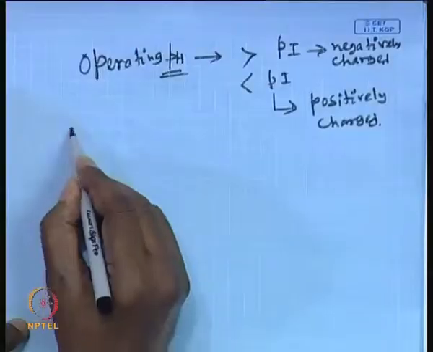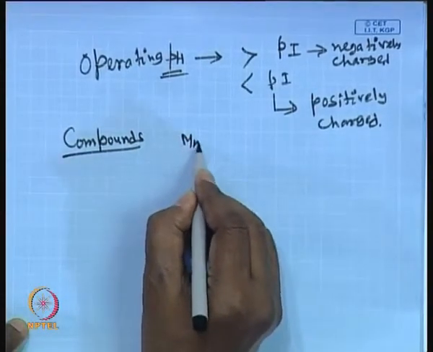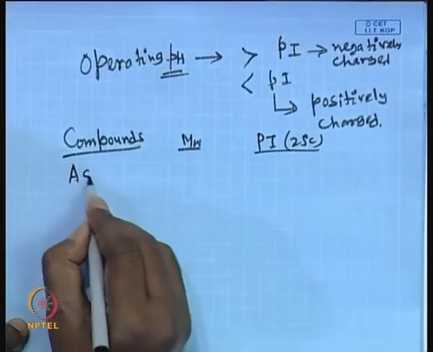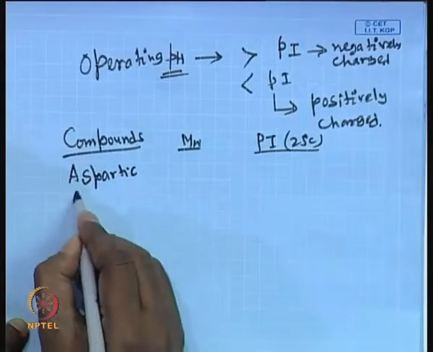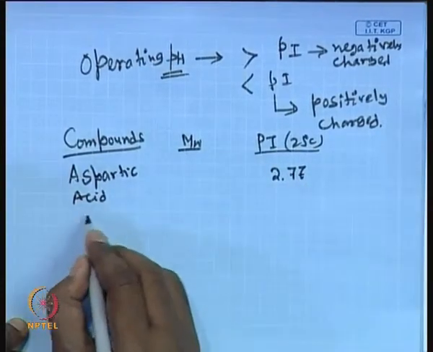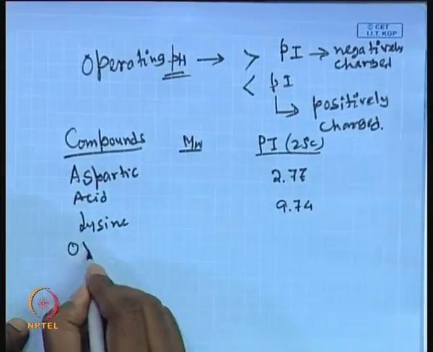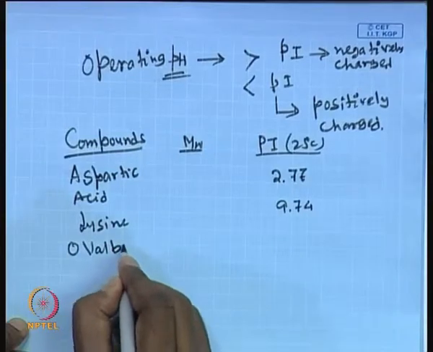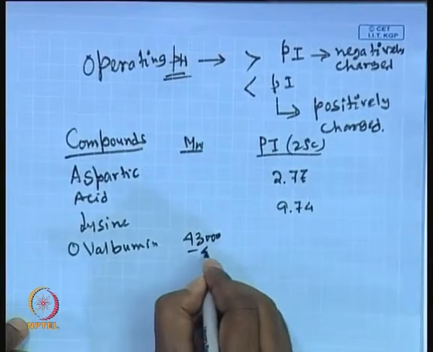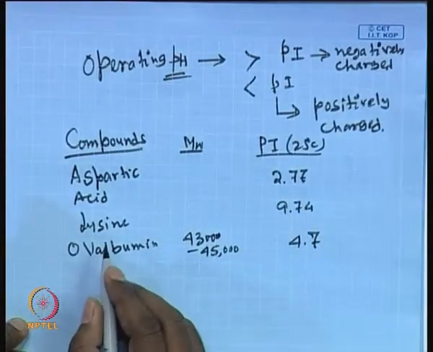Now, I will give you a list of compounds with their molecular weights and isoelectric pH at 25 degrees centigrade. Aspartic acid has an isoelectric pH of 2.77, lysine 9.74. Ovalbumin, a protein, has a molecular weight in the range of 43,000 to 45,000 and an isoelectric point of 4.7.